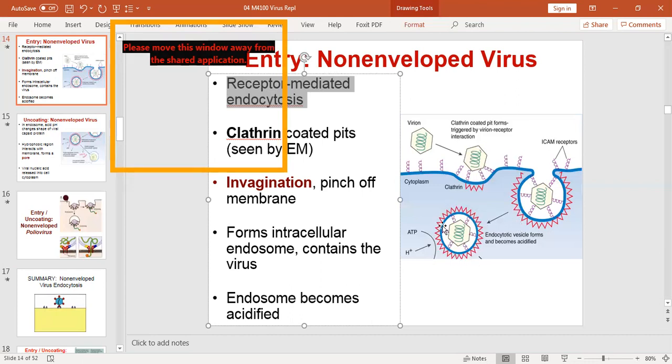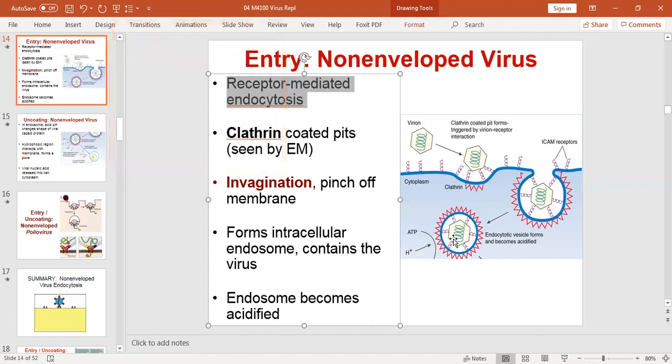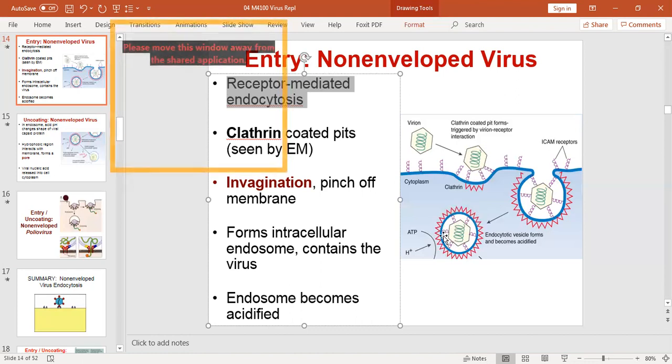Once this clathrin-coated pit gets into the cytoplasm, inside of the cell it forms an intracellular endosome. That intracellular endosome contains the virion or viral particle. And in an ATP dependent manner, hydrogen ions will be pumped into this endosome and the endosome becomes acidified.